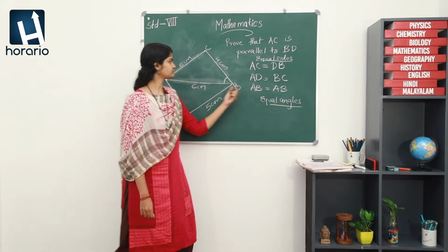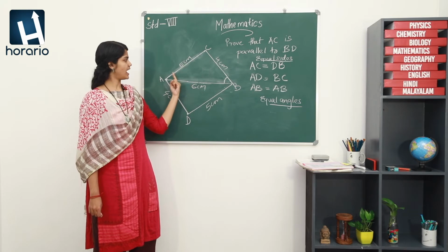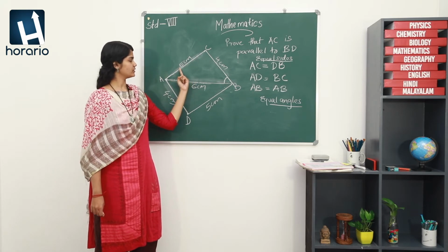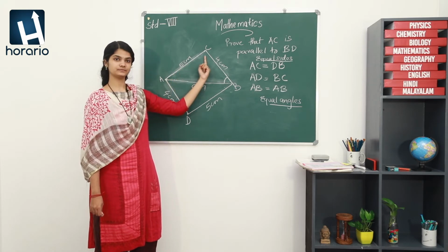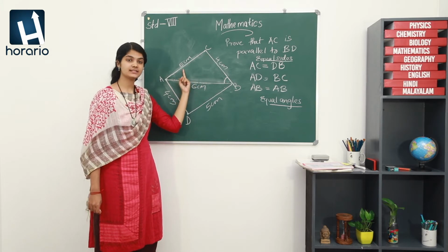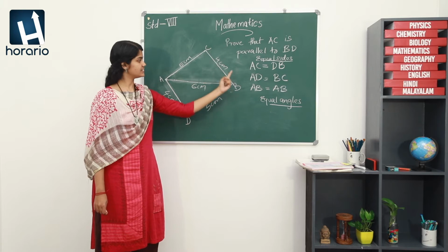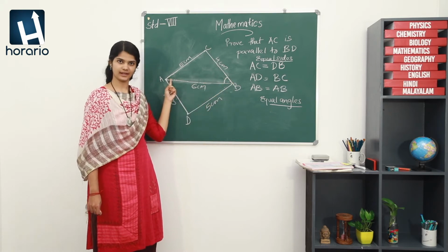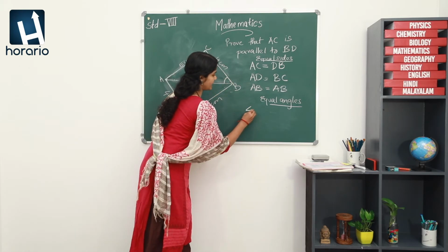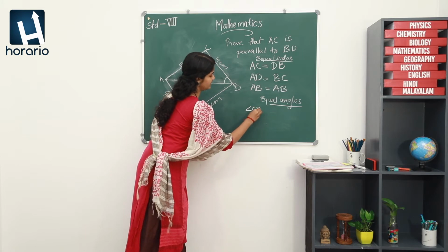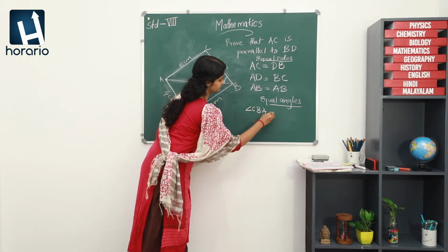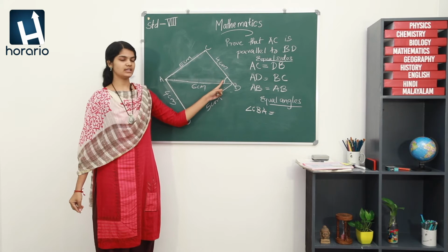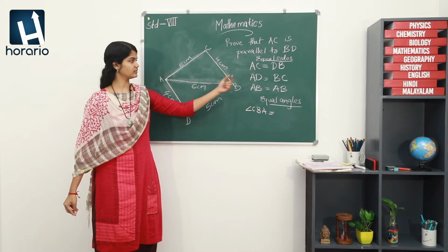Now, we are going to discuss about equal angles. Okay. What is the angle opposite to AC? Yes, the angle opposite to side AC is angle CBA, right? So, we can write angle CBA. This angle is equal to which angle?